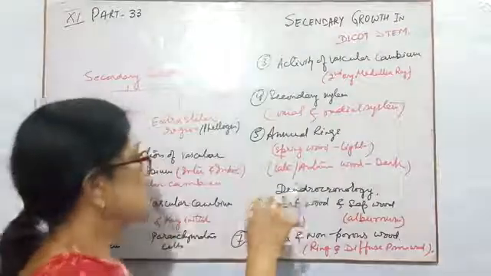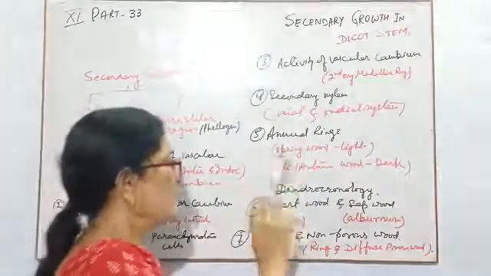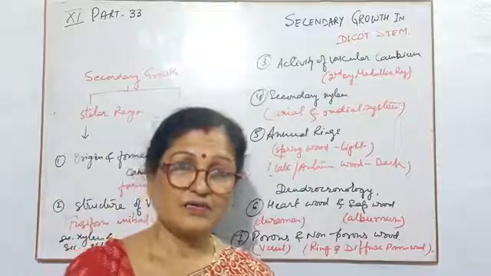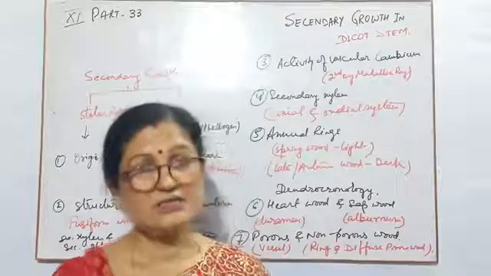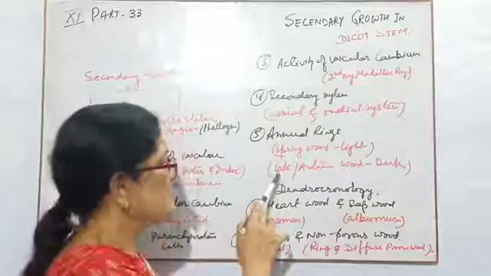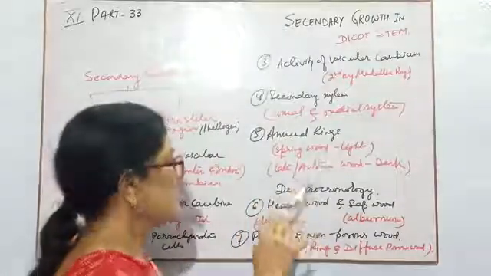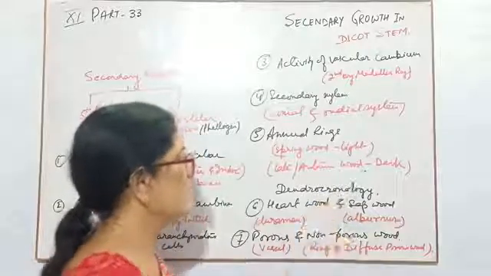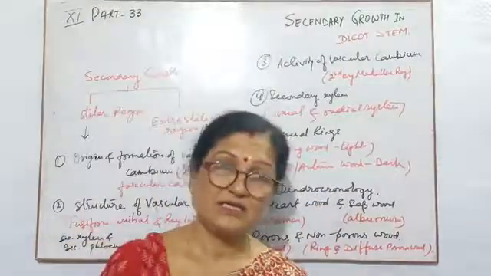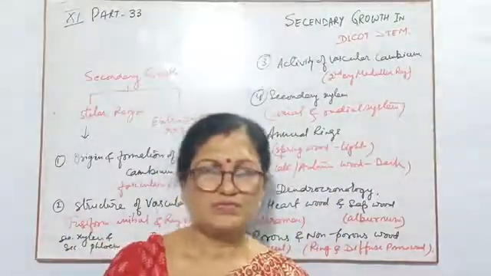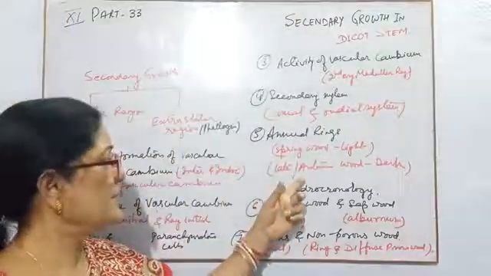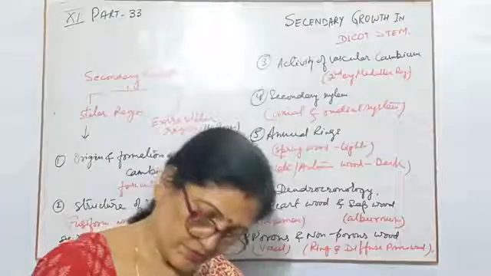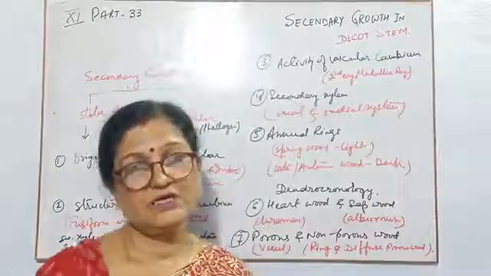Next to it, when these annual rings start to form in the winter season, they are known as the late wood, or autumn wood, which is dark in color. So when this new xylem appears in the winter season, it will also form an annual ring.